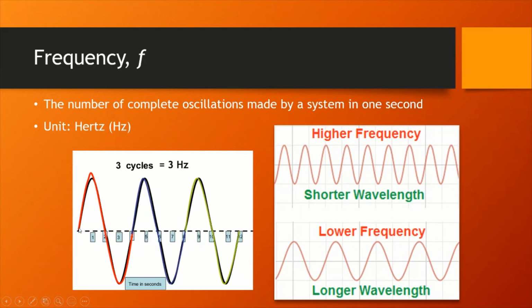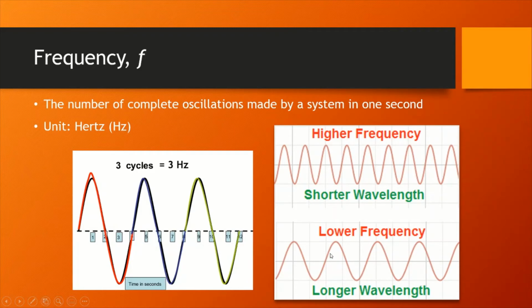It goes up and then down and then comes back to the equilibrium position. So this is one complete oscillation. The blue wave here is one complete oscillation. Then the red one is one complete oscillation. Then the blue one is another complete oscillation, and the green one is another complete oscillation. Therefore, there are 3 complete oscillations, that makes up 3 Hertz.